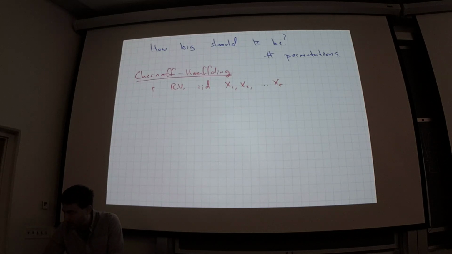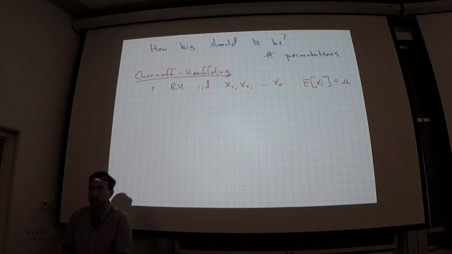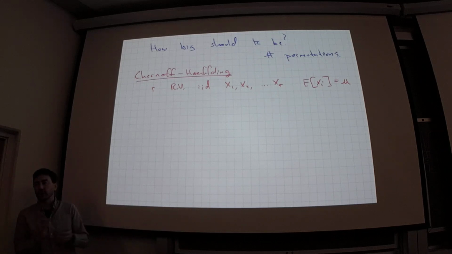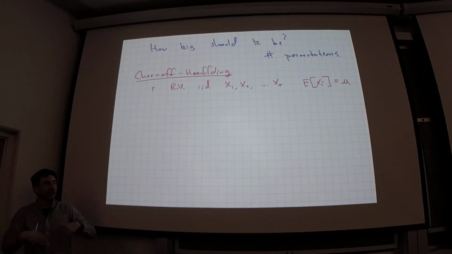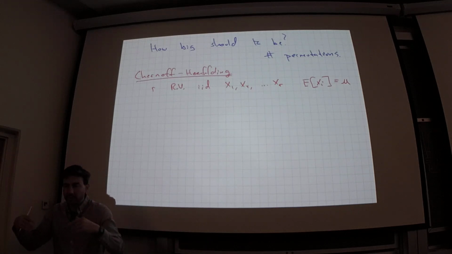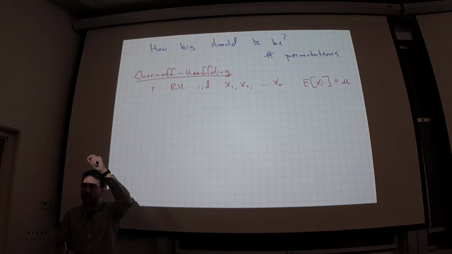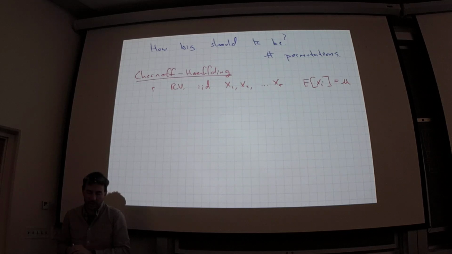They're IID, so the expectation of xi is equal to mu. They all have the same expectation. In this case, my random variables are effectively the result of each of the permutations. They all had the right expected value. Every time I did one of these permutations to get one element of my vector representation, or for a comparison, it's going to have the right expected value.